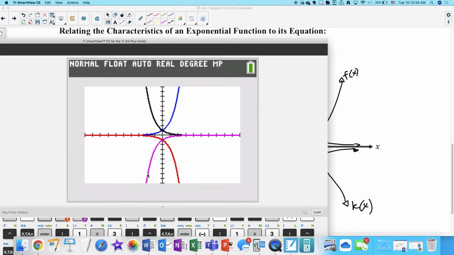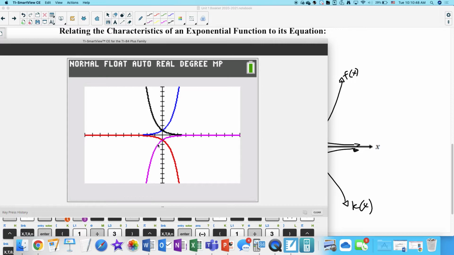Yes, it's the y-intercept. Exactly. So that a value, when it was 1, that's the y-intercept for both of those functions. When it was -1, we basically get all of our y values become negative. That was the y-intercept for those functions.